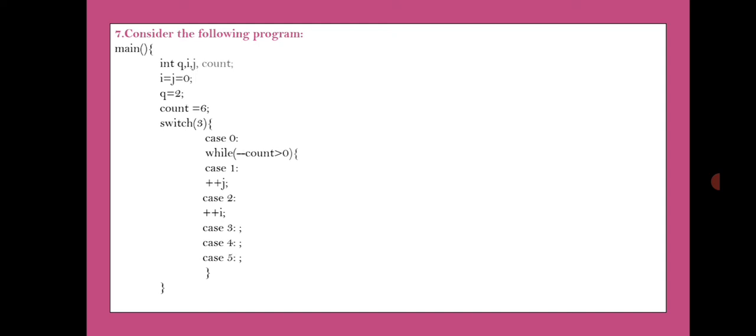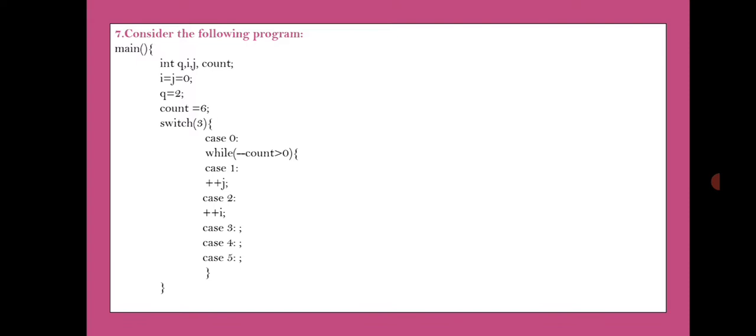So let's consider another program. We have 4 integer variables q, i, j, count. i equals to j equals to 0 and q equals to 2, count equals to 6. Switch of 3, case 0, while of pre-decrement count greater than 0, case 1 plus plus j, case 2 plus plus j, case 3 semicolon, case 4 semicolon, case 5 semicolon.